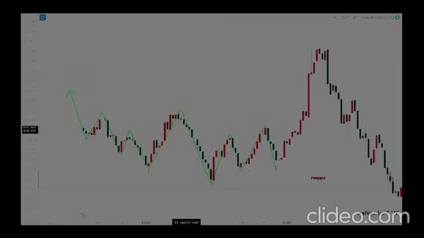As you can see here, it broke this, so this changed the direction of the market.